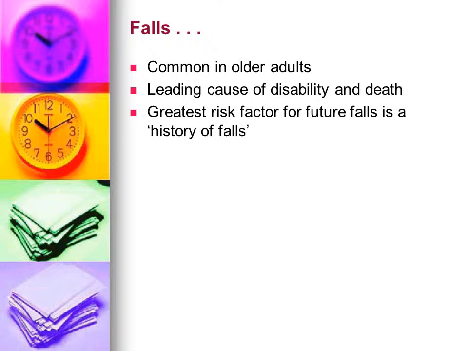Never assume that it is normal for an older adult to fall. A variety of acute and chronic conditions can increase the risk of falls among older adults. By far, the greatest risk factor for future falls is a history of falls.